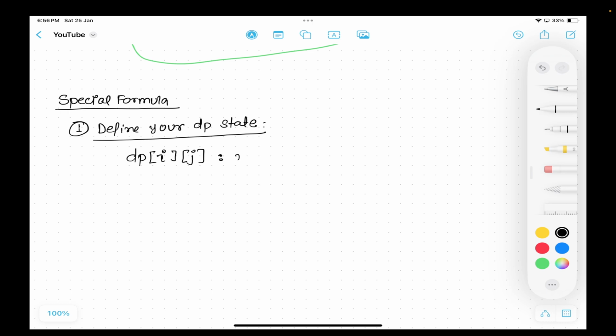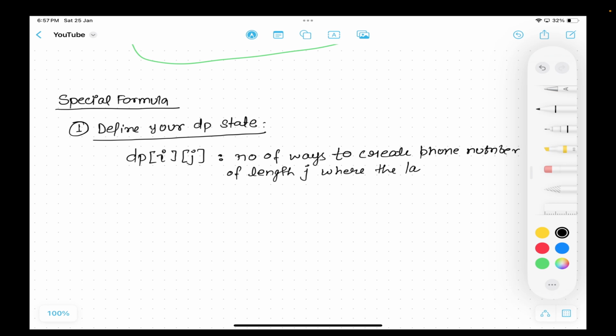DP of i j means the number of ways to create a phone number of length j where the last number of the phone number is i. Okay, so this is our state of DP.